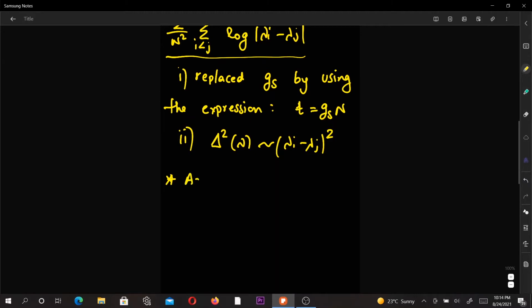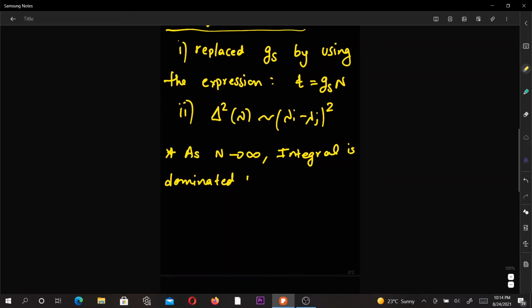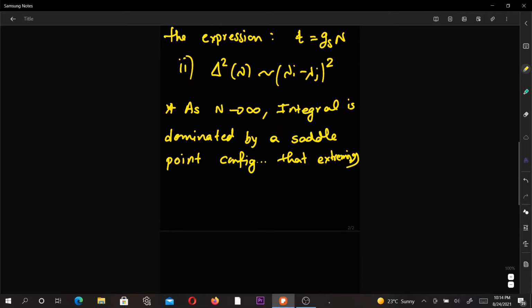So as N goes to infinity, the integral above, let me write it first, then I'll explain. The integral is dominated by a saddle point configuration that extremizes the action.